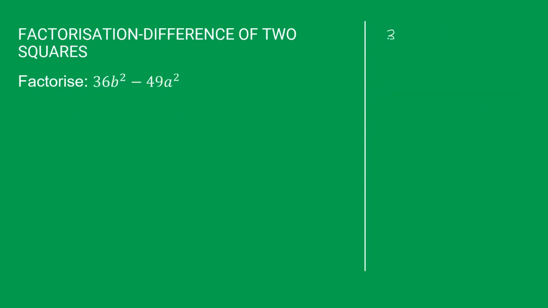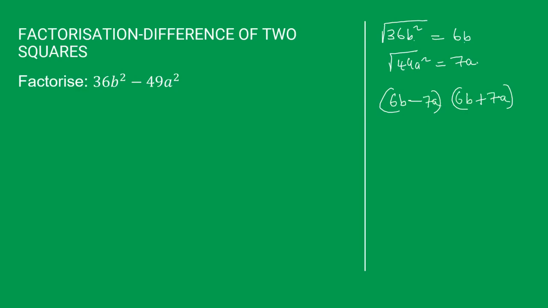Right, we have 36b squared, square root of 36b squared, that is 6b. Then square root of 49a squared, that is 7a. Then you have your two brackets, minus plus, then 6b, 7a, 6b, 7a.